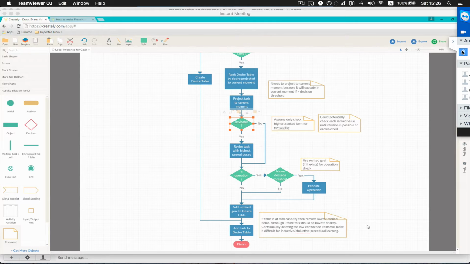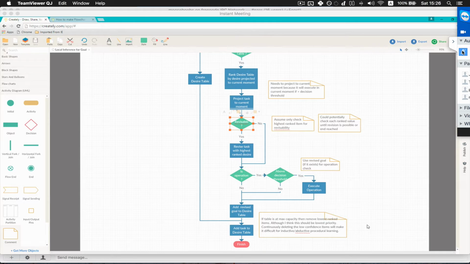So the thing is that they're projected inside the tables, so their confidence is only relevant to the current task time. If you have a task that happens to be quite a long way in the future and you project everything to a point far in the future, it may be that a current task ends up as the one with the lowest confidence because it's not related to the one that's far in the future.